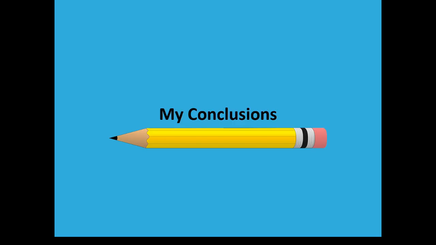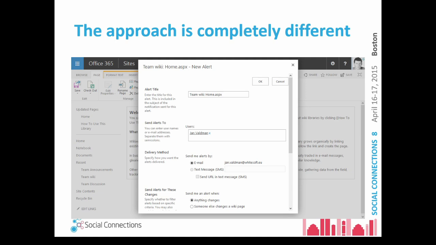So far, we have covered several areas of Office 365, so we can draw some conclusions now. First of all, you have seen that the approach of Microsoft is very different compared to the approach of IBM.